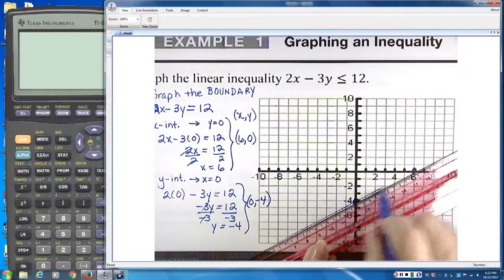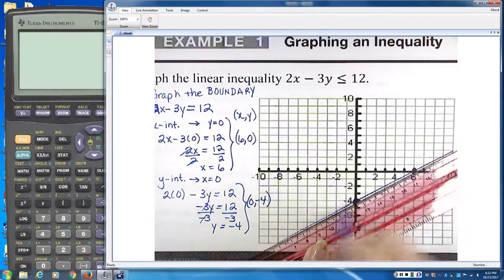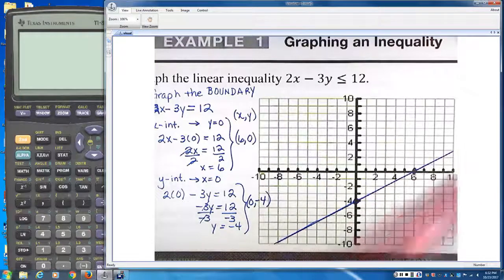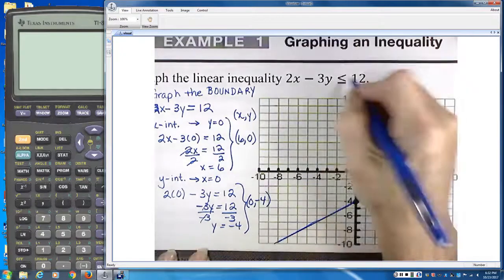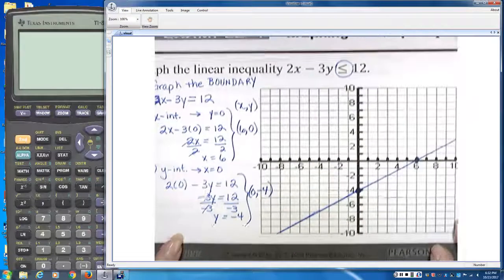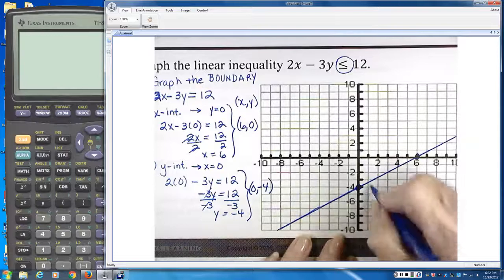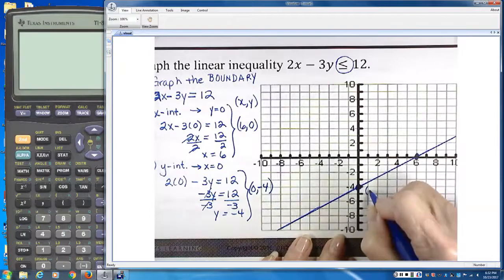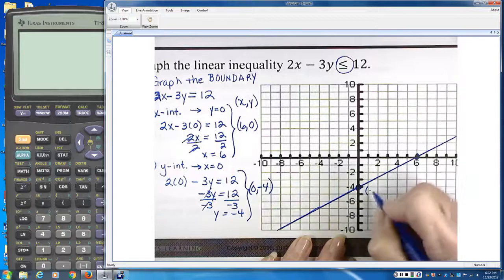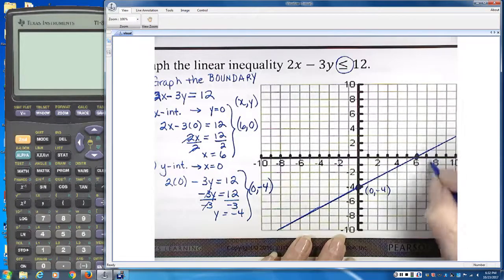And I'm drawing this boundary solid, because this says equal to or less than, so the boundary is going to be solid. And you need to get in the habit of labeling your intercepts, because in your application problems, those intercepts are going to mean something. So this is the point 0, negative 4. This is the point 6, 0.